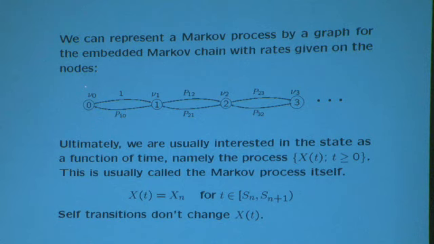The rate here is given as nu 1, and so forth. Ultimately, we're usually interested in the process X of t, t greater than or equal to 0, which is the Markov process itself. X of t is equal to X_n for t between S_n and S_{n+1}.